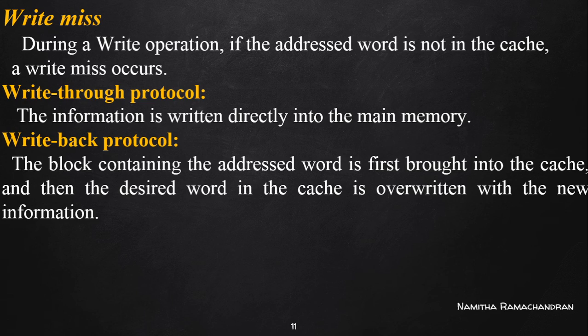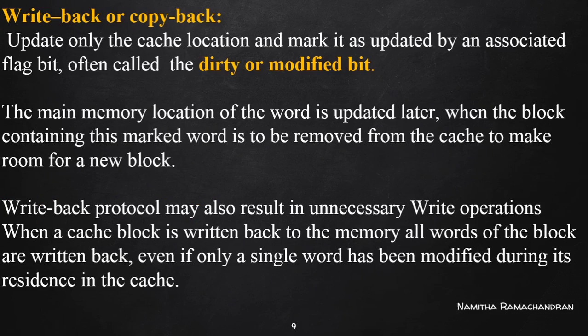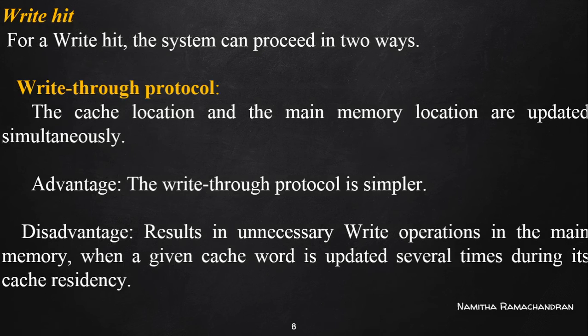Okay, so these are the operations taking place in cache memory: cache hit and cache miss operations. And cache hit contains read hit and write hit. Read operation means what? Read does not make any changes over the memory word. So read hit is a simple operation.